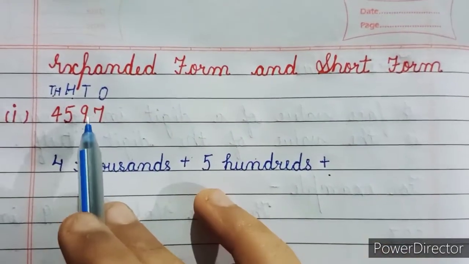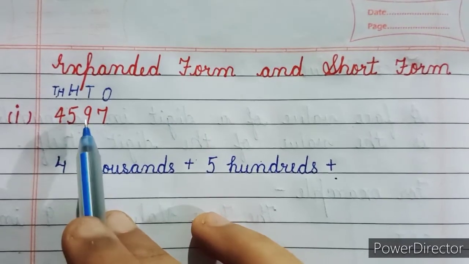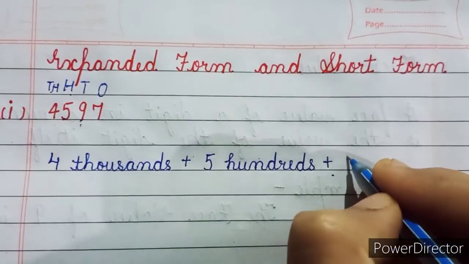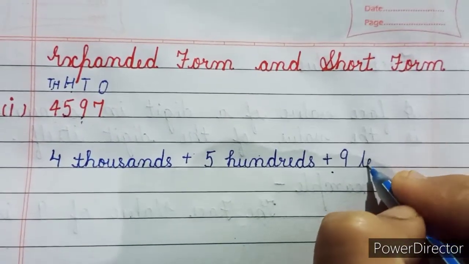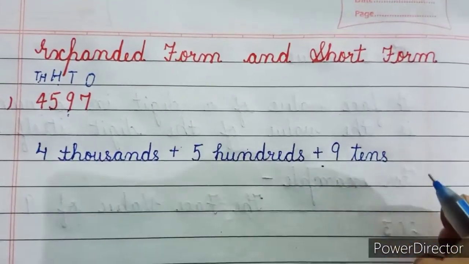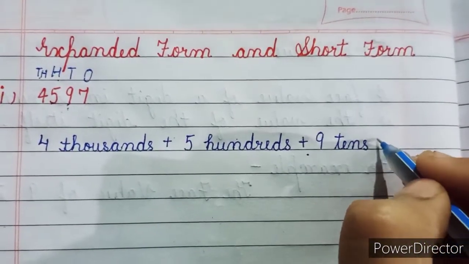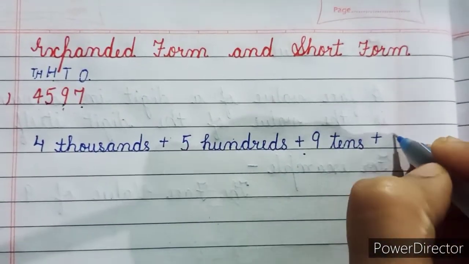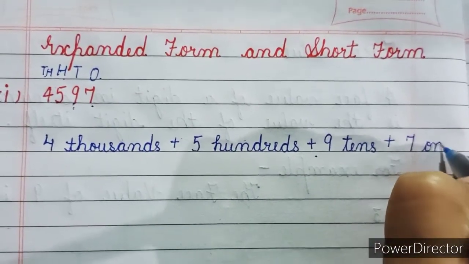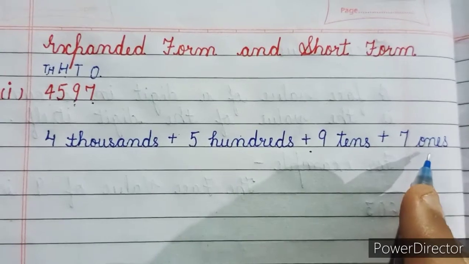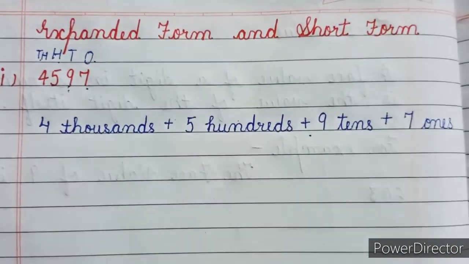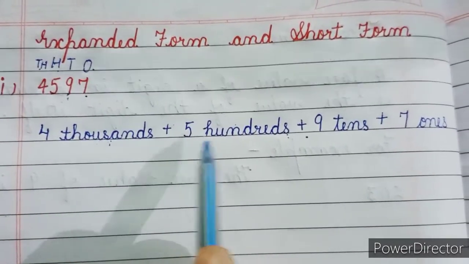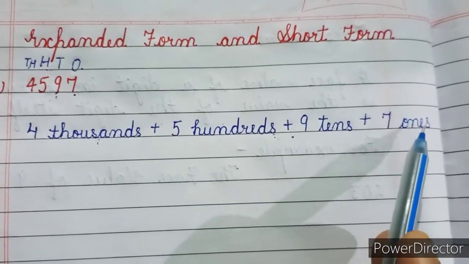Plus what do we have next at the tens column? 9 tens. Plus 7 ones. So the expanded form comes to 4 thousands plus 5 hundreds plus 9 tens plus 7 ones.